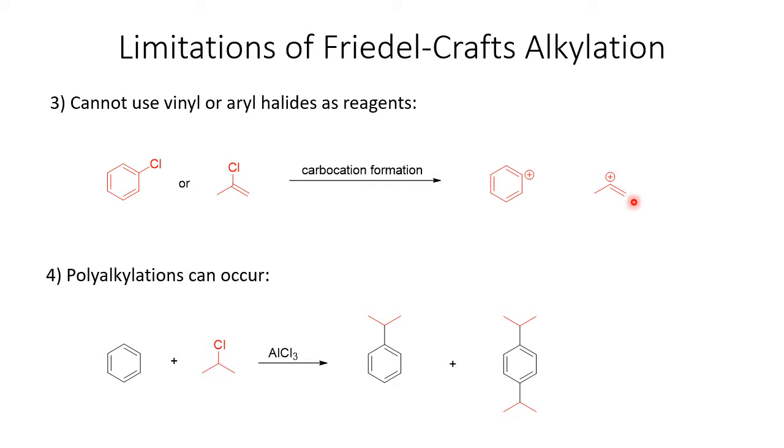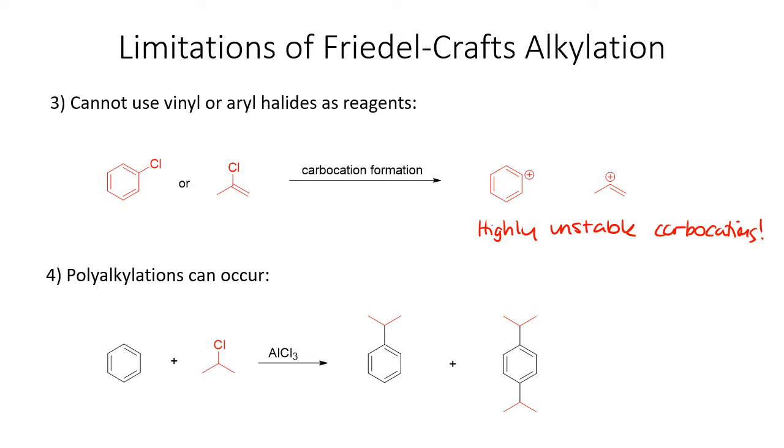Now, the carbocations that would form if this were to occur would be highly, highly unstable. If they're highly unstable carbocations, they will not form in the first place. So for the most part, we are looking for halogens attached to sp3 hybridized carbons in order to form stable carbocations.